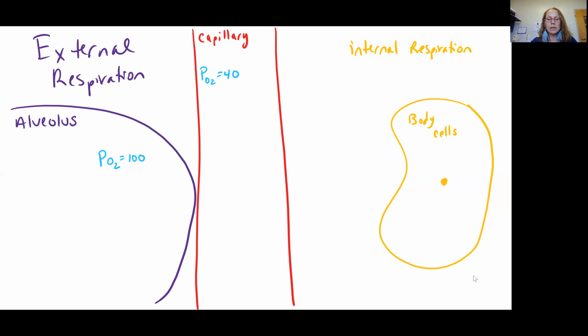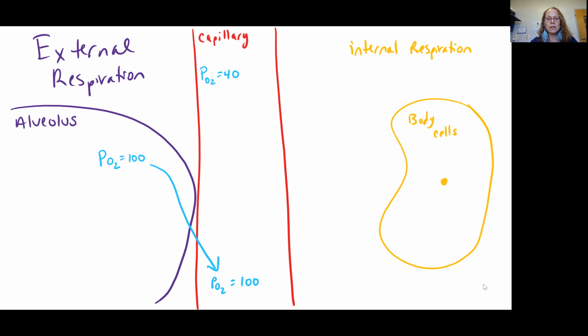Notice that the blood is low on oxygen. It has a partial pressure of 40 millimeters of mercury, whereas the alveolus has 100 millimeters of mercury partial pressure. If oxygen goes from a high to a low partial pressure, then clearly this oxygen is going to move from the alveolus into the capillary. That's what we already know to be true, but this is the why.